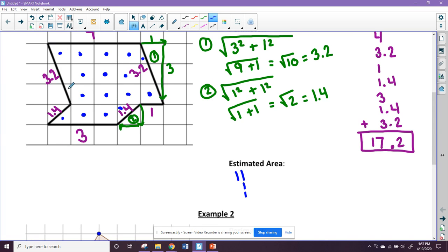This one and this one make a whole. And then we can combine these two and say they make a whole. Remember, it's an estimation, so we're estimating. Does not have to be exact. So let's add this up. 11, 12, 13, 14, 15. So if we add it together, we get a 15 for our estimated area.